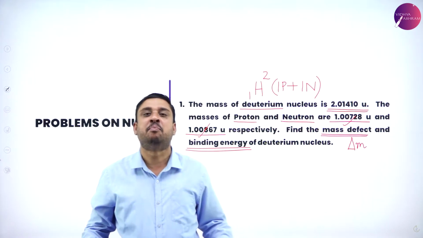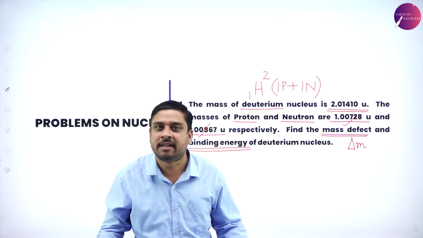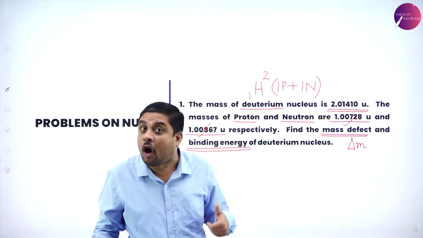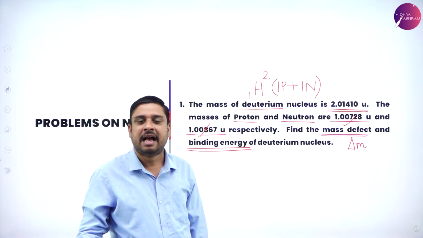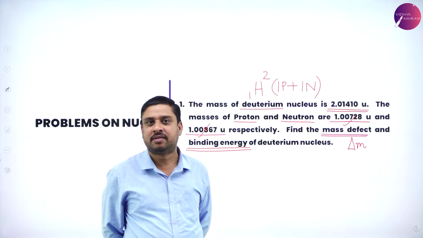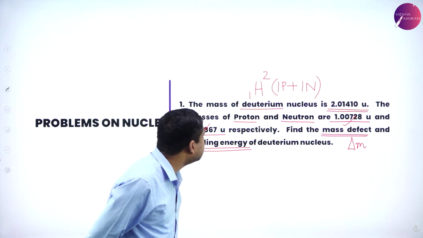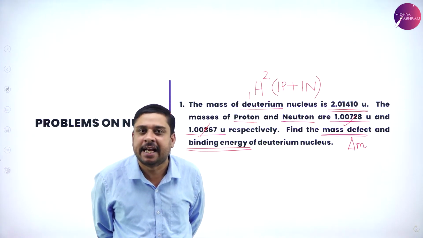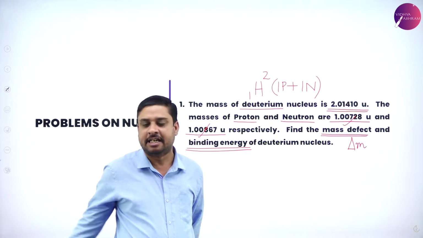What was this mass defect, students? Difference in the sum of the constituent nucleons and the actual mass of the nucleus. So, we have been asked to find the mass defect and binding energy of the deuterium nucleus.